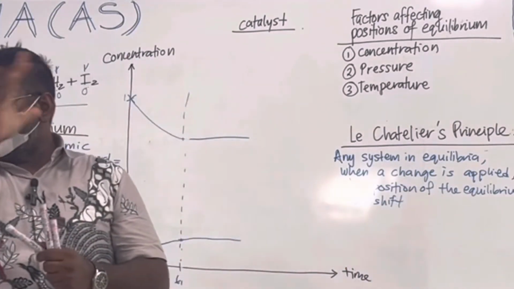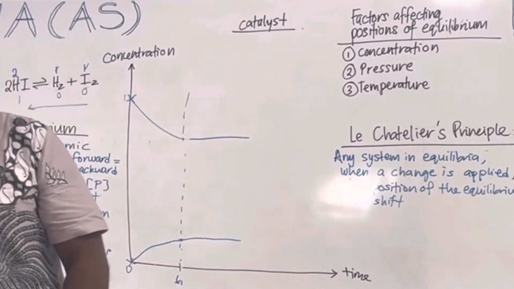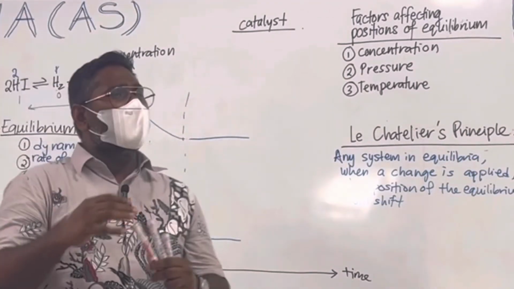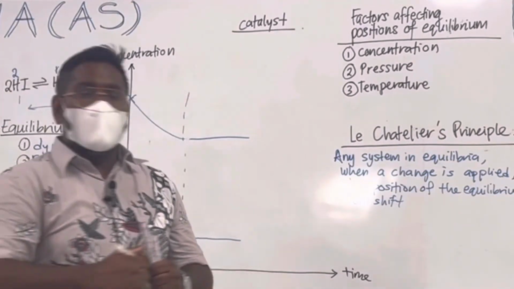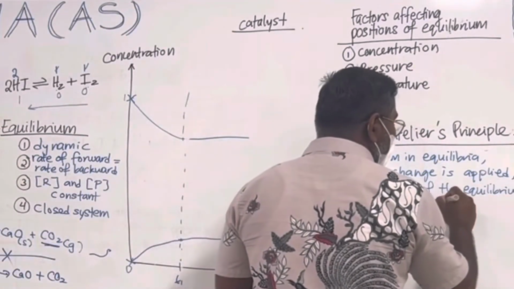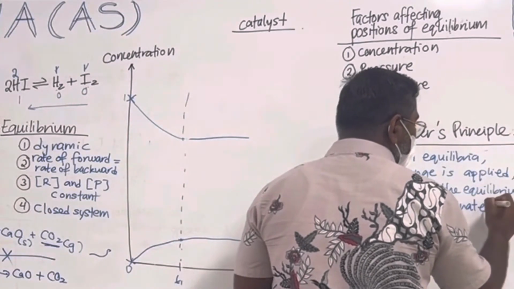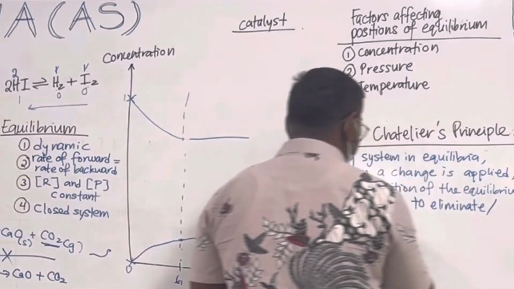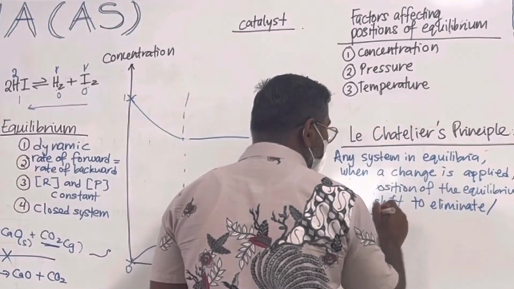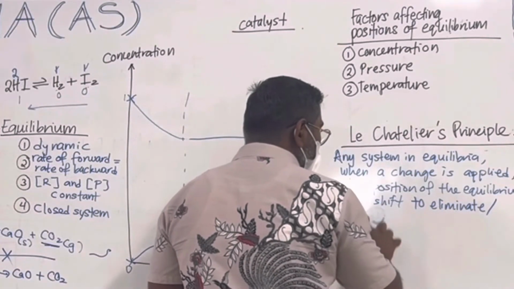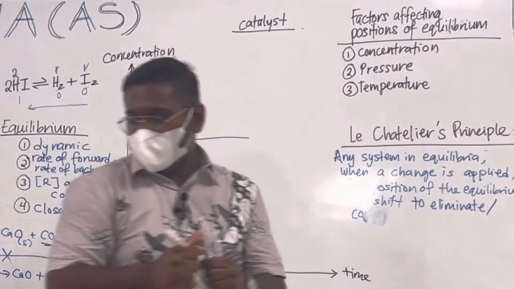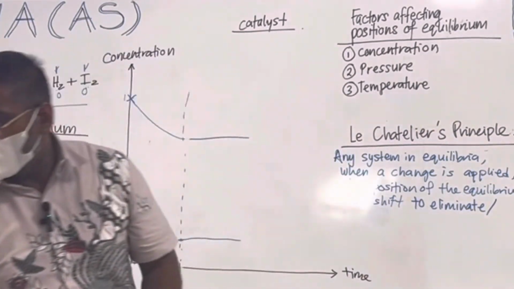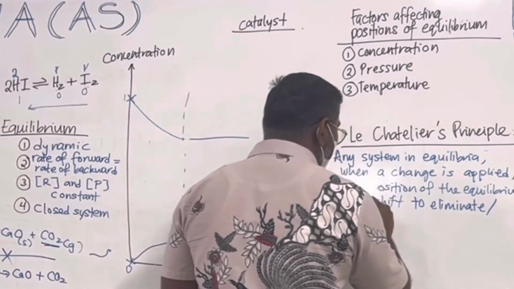To be simple, the position can shift either to the right or to the left. But the reason why it is going to shift the position is to eliminate or counter react, or just put, eliminate or remove the change.